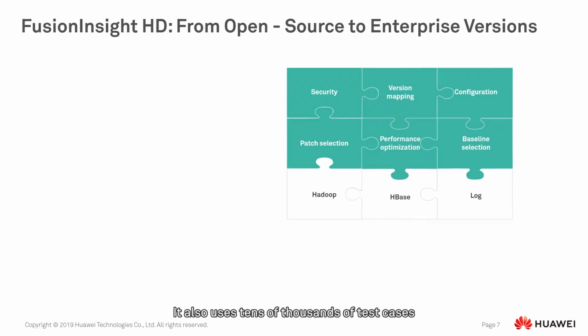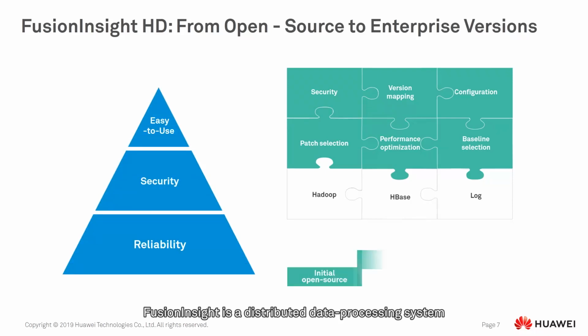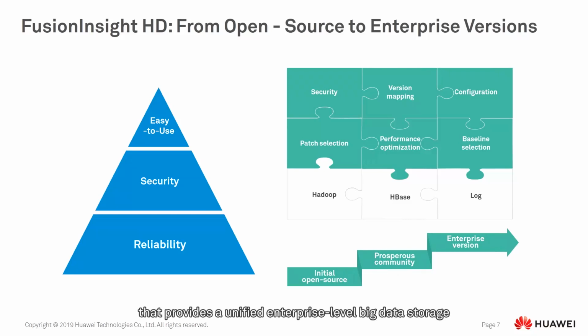It also uses tens of thousands of test cases to ensure the scalability of the enterprise version. FusionInsight is a distributed data processing system that provides a unified enterprise-level big data storage, query, and analysis platform by enhancing functions of the open-source Hadoop software. So it's much more stable than the open source.